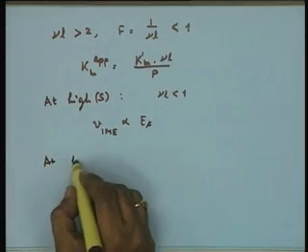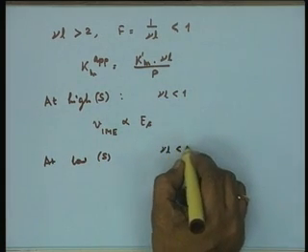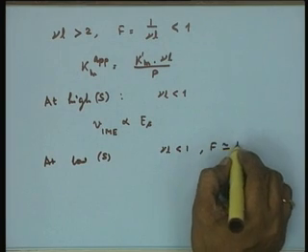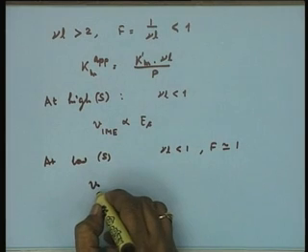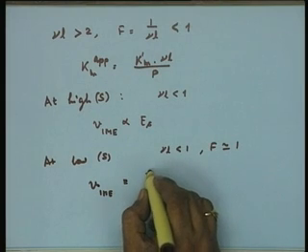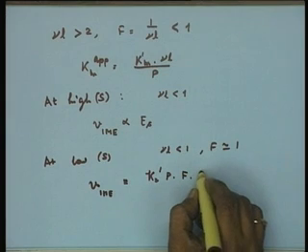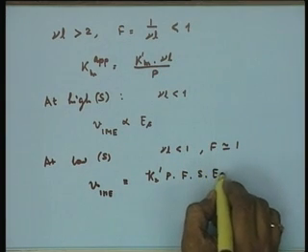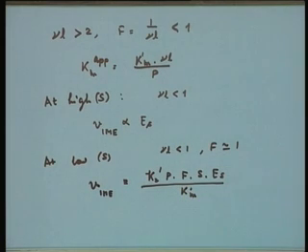But when you talk about low substrate concentrations, for gamma L less than 1 and F equal to 1, the reaction velocity for immobilized enzyme will become equal to K2 dash P into F into S into Es upon K dash M. That means essentially in the first order regime.